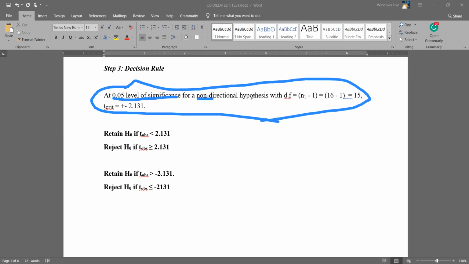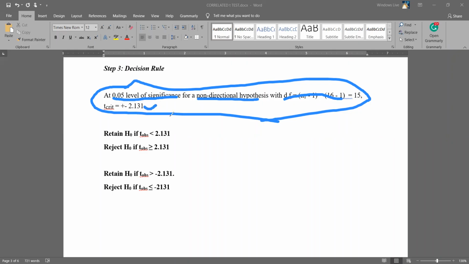It is non-directional, and this is the degree of freedom. And I indicated plus or minus because my hypothesis is non-directional or two-tailed. So I don't know whether the value that I'll be calculating later will be positive or negative.